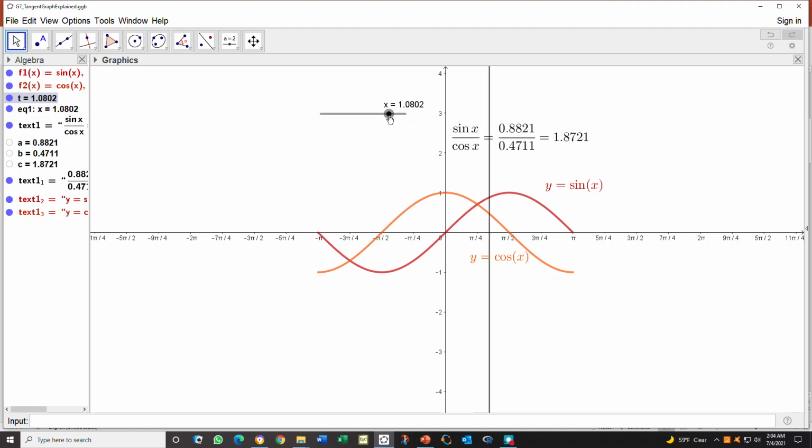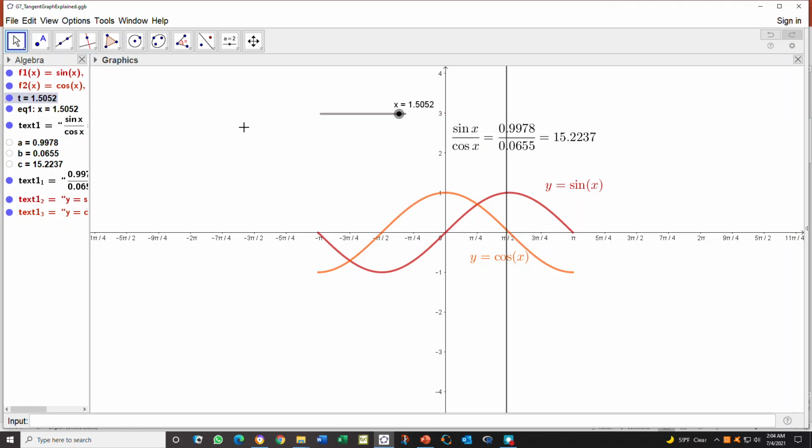Would you agree I am letting x approach pi half as I move this x line, that vertical line, like this? Am I letting x get closer and closer to pi half? Good. As I'm doing that, could you please look at the sine x over cosine x values?